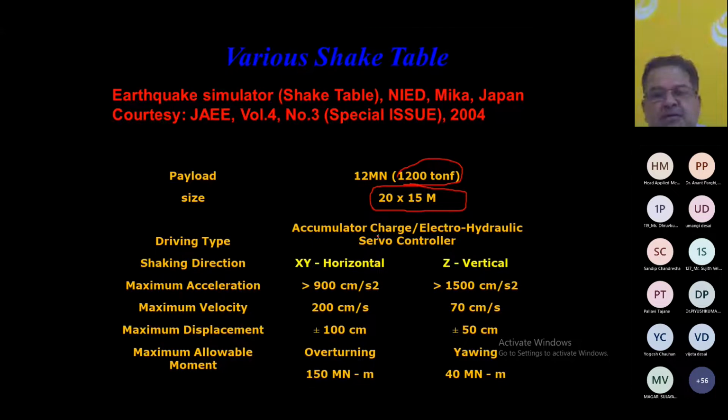And it is again servo hydraulic, and these are certain parameters, right? This is the maximum acceleration, how much acceleration you can impart, or velocity. Displacement is 100 centimeter, and 50 centimeter in the vertical direction, right? So you have 100 centimeter displacement, plus and minus both ways. That is to be appreciated, right?